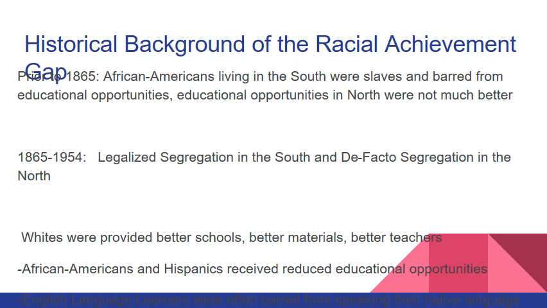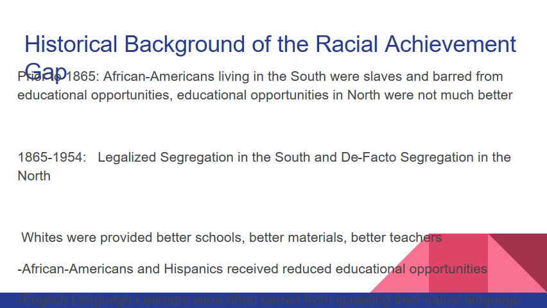It's important as educators that we understand the historical context of the racial achievement gap. Prior to 1865, or prior to the end of the Civil War, African Americans in the South were living as slaves. They were not allowed to learn how to read or write, and they were not allowed to attend schools. Educational opportunities for free African Americans in the North were not necessarily that much better.